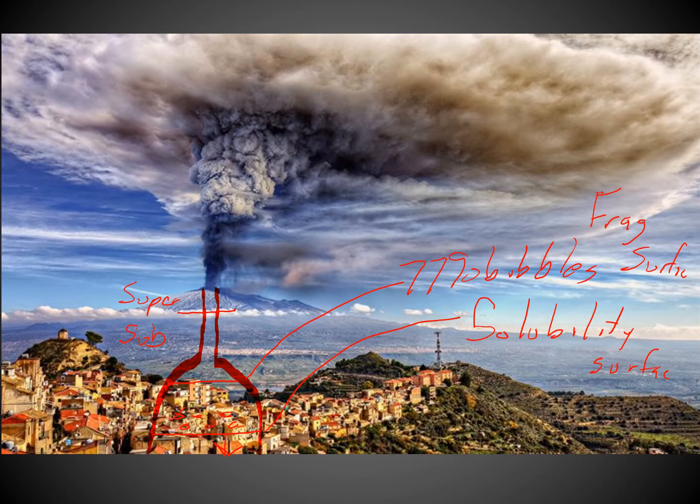And in this photo, you can actually see some things happening. You see this sort of really tight column right above the vent. That is called the gas thrust region. In other words, it's being blasted up by gases. It's really not any different than shooting a bullet out of a rifle, being blasted out by gases.